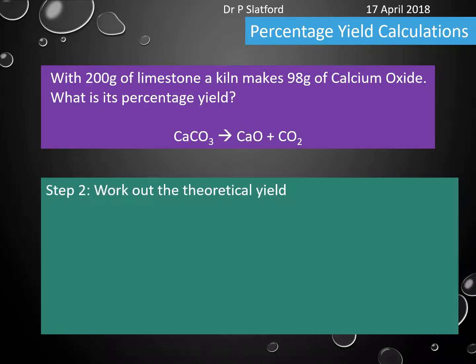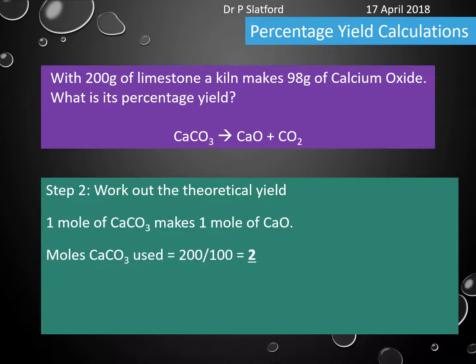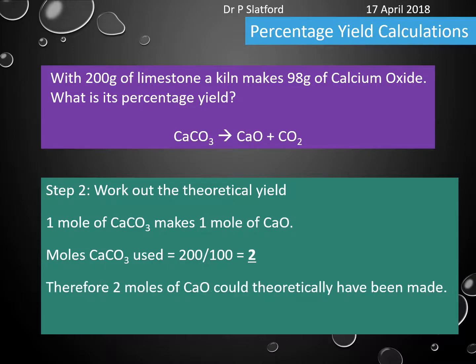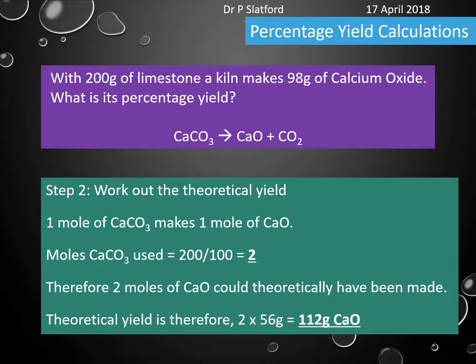Step 2, work out the theoretical yield. Well, if 1 mole of calcium carbonate makes 1 mole of calcium oxide according to the balanced symbol equation, and I've been told in my question that I'm using 200 grams of limestone, which is calcium carbonate, then I've got 2 moles. And therefore I'm going to make 2 moles of calcium oxide.